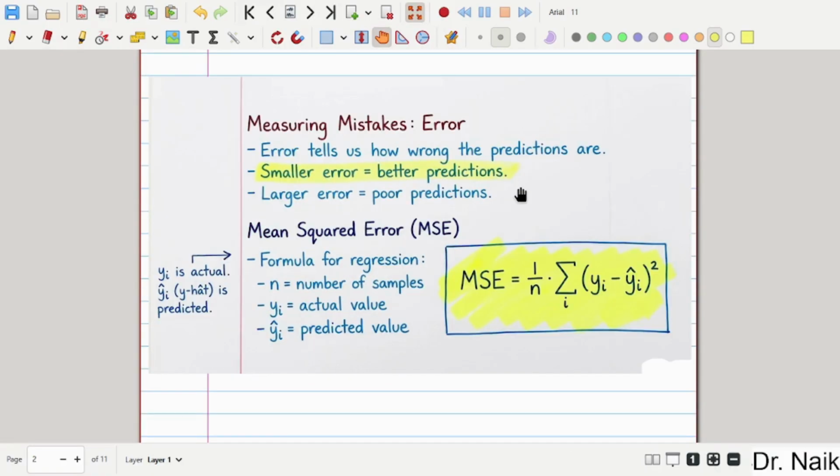Now imagine a student who memorizes every answer in the textbook. During practice, the student scores 100%, but in the final exam, the questions are different and the student cannot answer them. Has the student really learned? No, the student has only memorized.